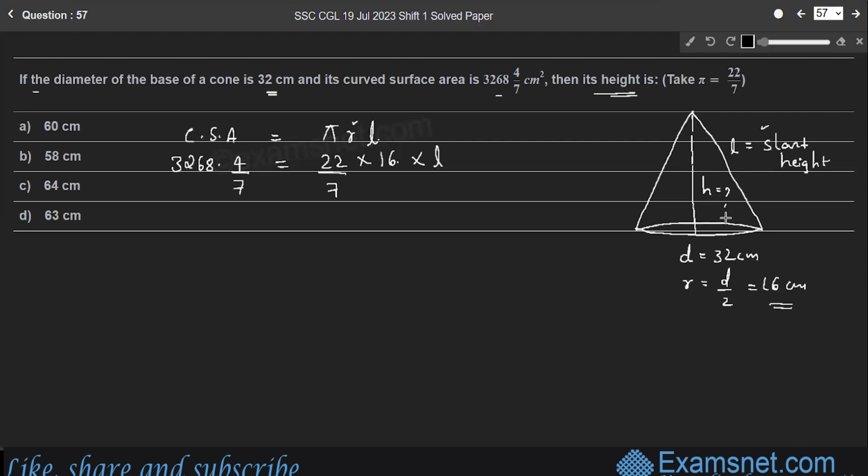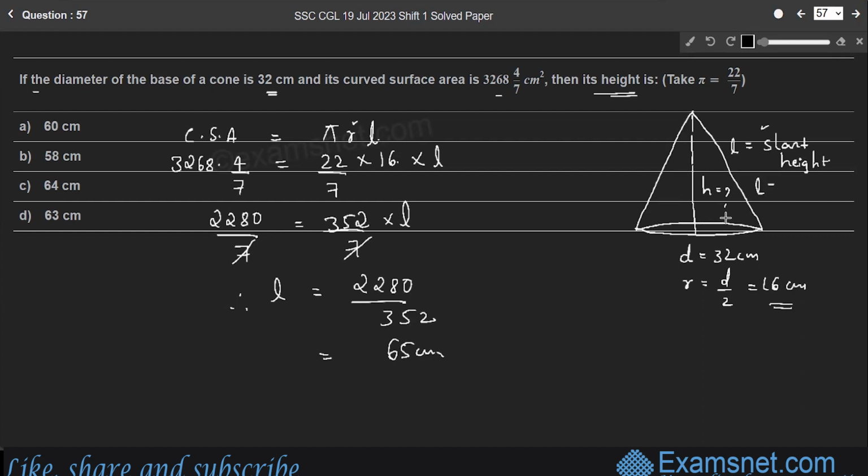LHS part will be 3268 into 7 plus 4, 22880 by 7 is equal to 22 into 16, 352 by 7 into L. So you can cancel 7 and 7. Therefore, slant height L is equal to 22880 by 352. So you will get 65 centimeter as slant height.